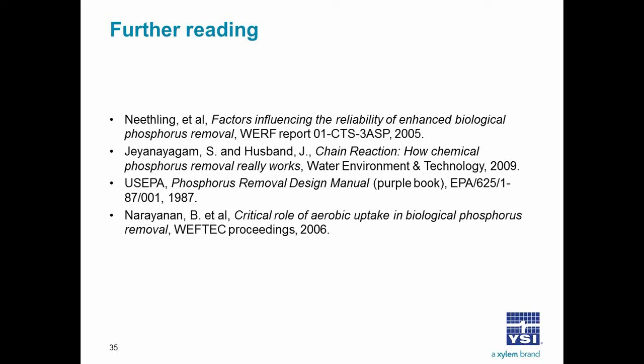I am not aware of studies indicating that biological P removal increases sludge production. So I would expect that the sludge production would be the same or possibly even lower than, say, a conventional activated sludge system.